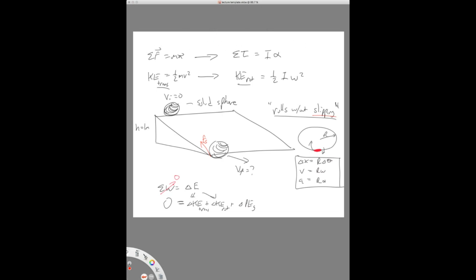So because it starts from rest, its translational kinetic energy is 0, but so is its rotational kinetic energy. It's just not moving. If we go back to the picture, it has potential energy at the top, but it has none at the end. So the initial potential energy is there, but the final potential energy is gone.